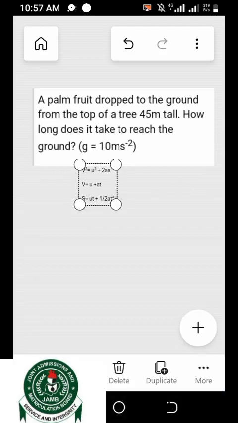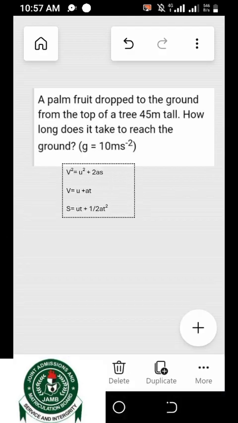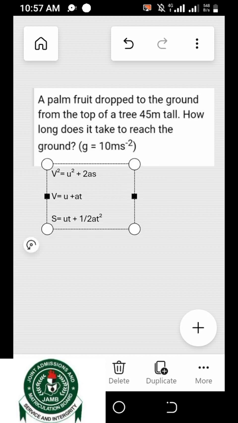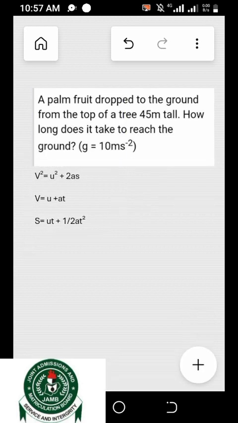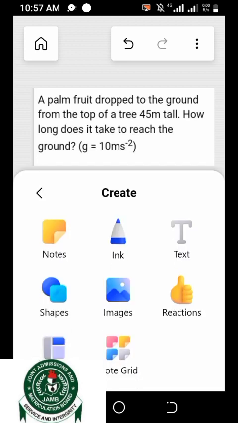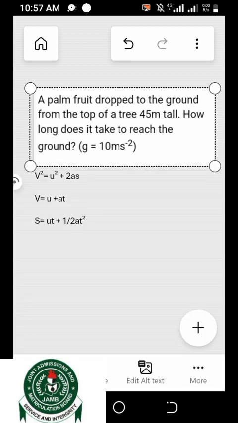I believe we should be used to all these formulas by now. So now we want to find a suitable formula from this. We're given our height as 45 and g, which is the acceleration due to gravity, as 10, and that is a constant, right?